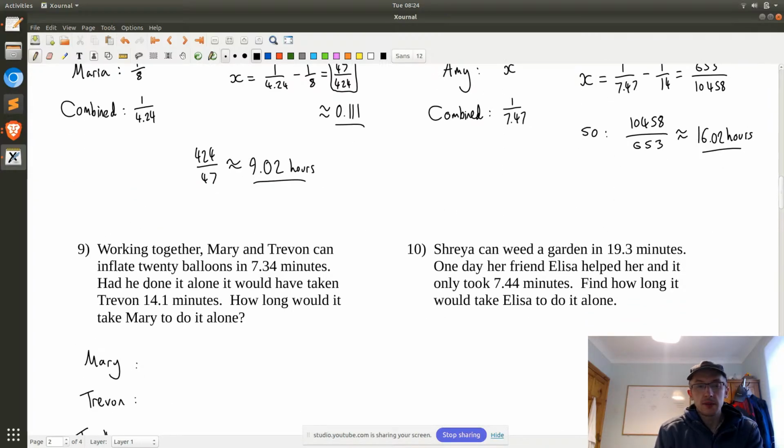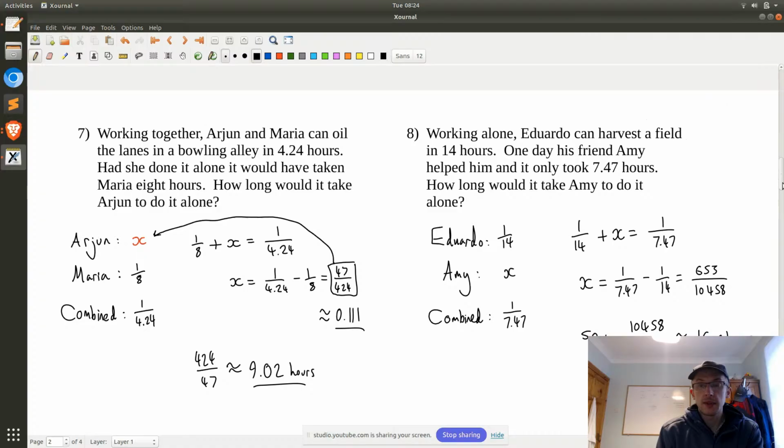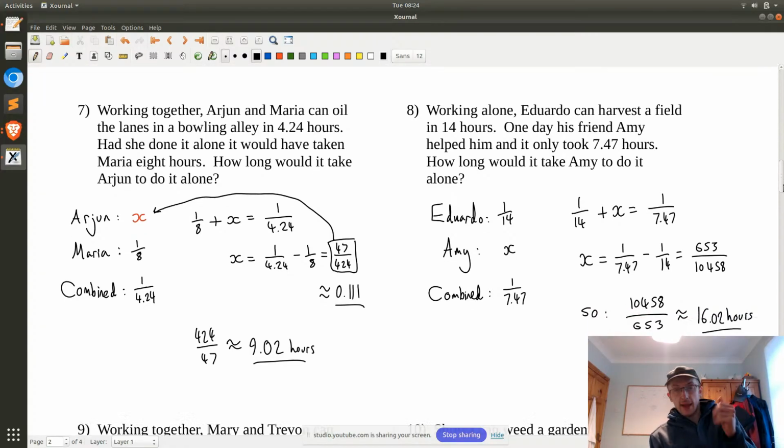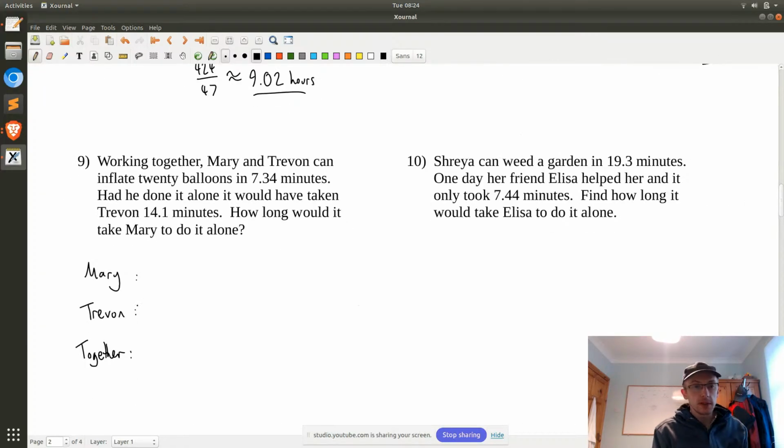For Trevon, he can blow up those balloons in 14.1 minutes. In both cases, though, we just do 1 divided by that number. So Trevon's speed is 1 over 14.1. Sounds bizarre. It is. But you just continue.